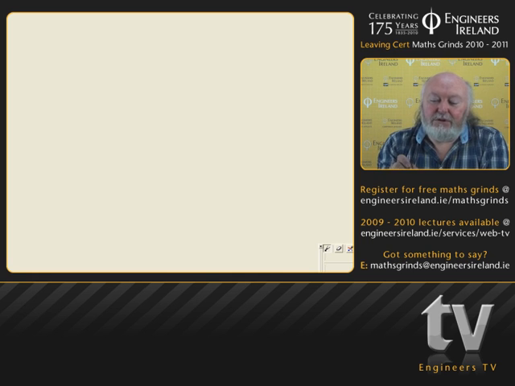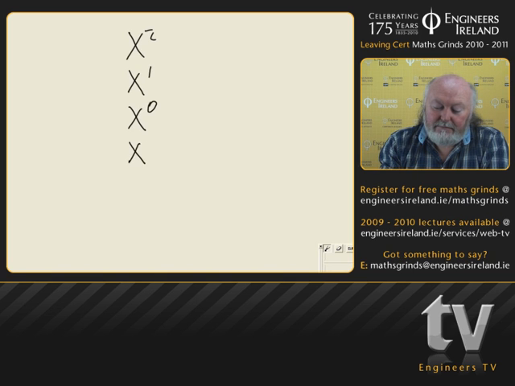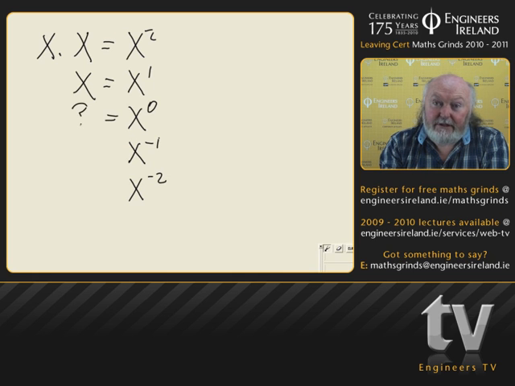Now, fundamentally, what you're taught in school is, for example, we'll write down a series of them here. What you're actually taught is this. And the real issue is, what is that one?